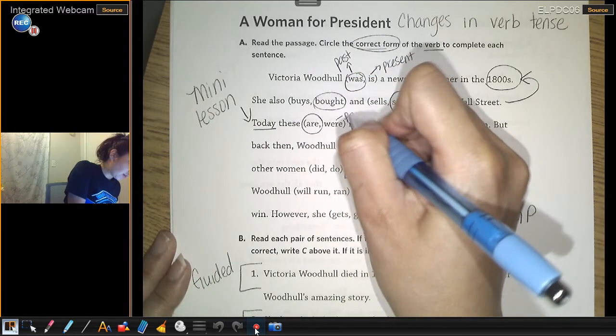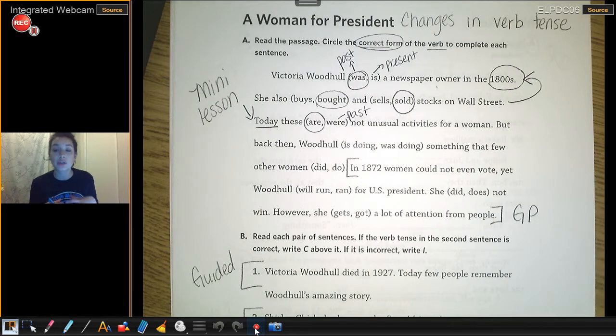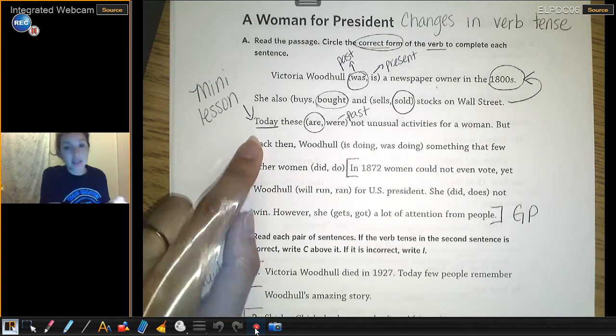This one would represent past, but since now we're talking about today, our context clues are changing, then we say are. So this is already an example of how we can change our verb tenses depending on what is happening and when it is happening.